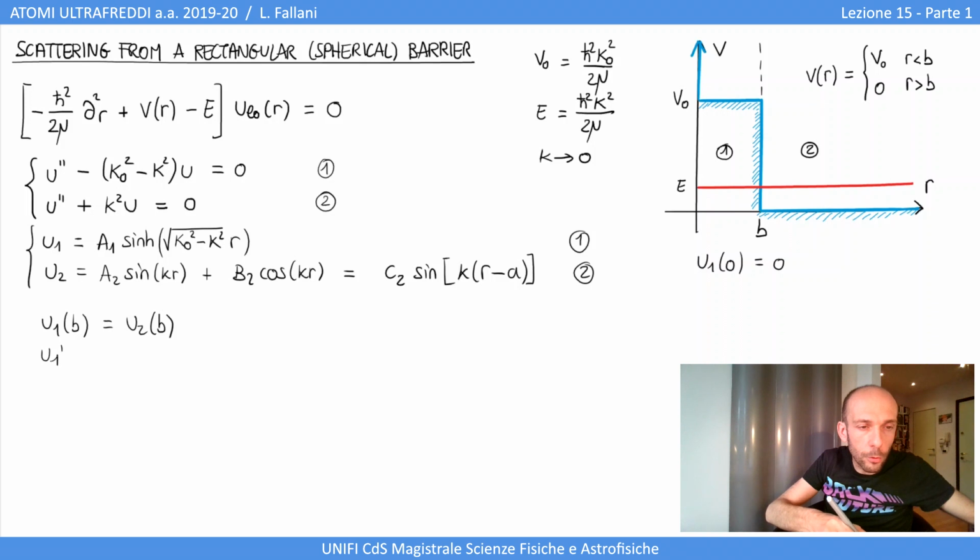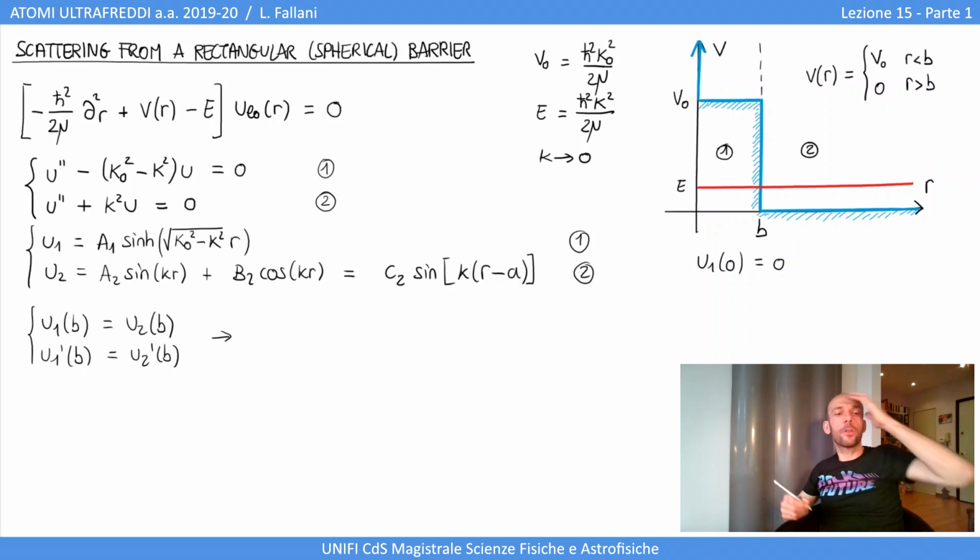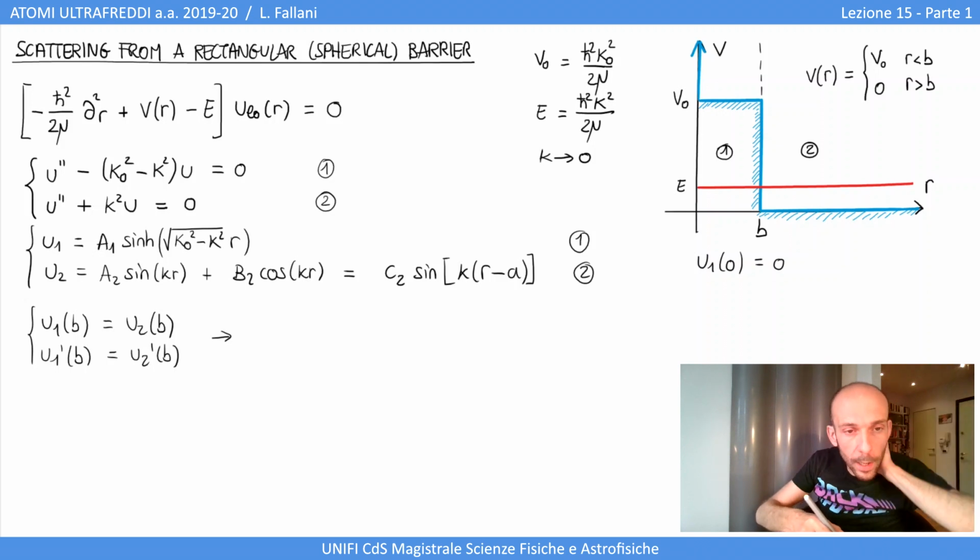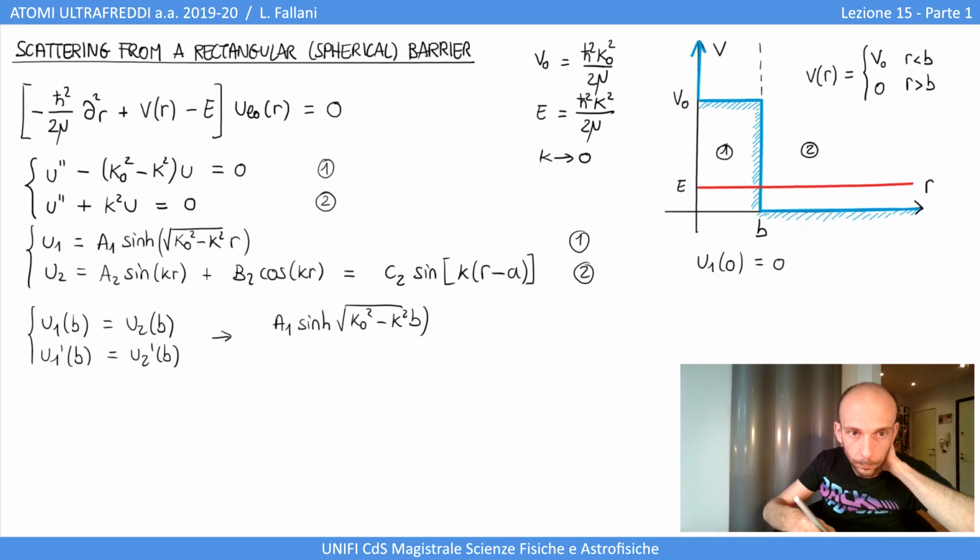And we want u1 prime to be equal to u2 prime. So the first condition is A1 hyperbolic sine of square root of k0 square minus k square times b equal to C2 sine of k times (b minus a).